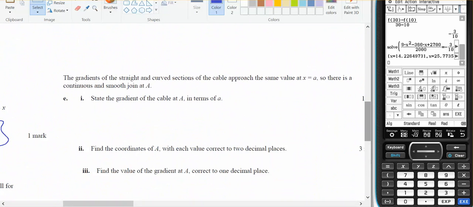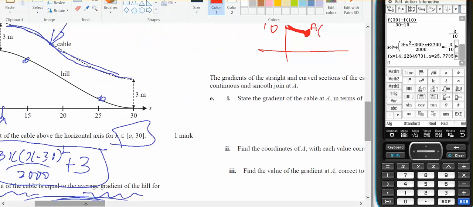part C. And what part C is on about is the gradient of the straight and the curve section. So I've got a straight section that starts at 10, and that point there is point A, which, what letters did they call it?